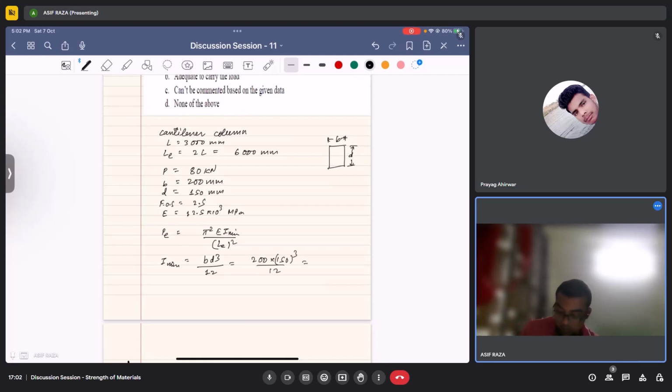That comes around 56.25 into 10 to the power 6 mm^4.